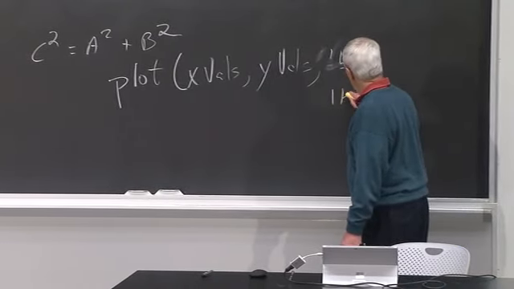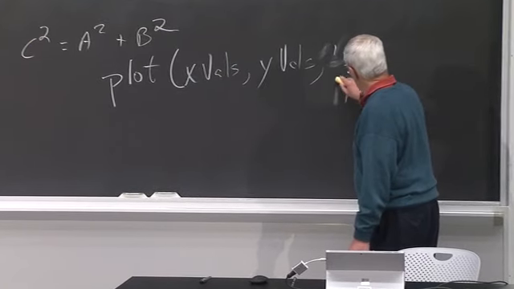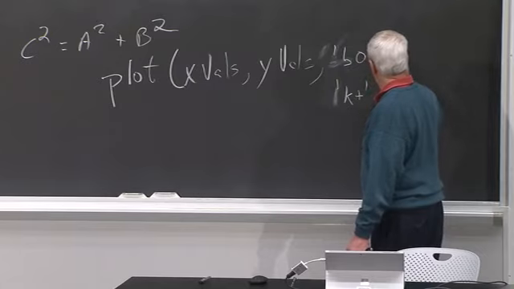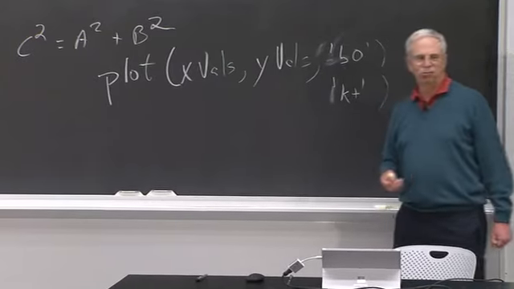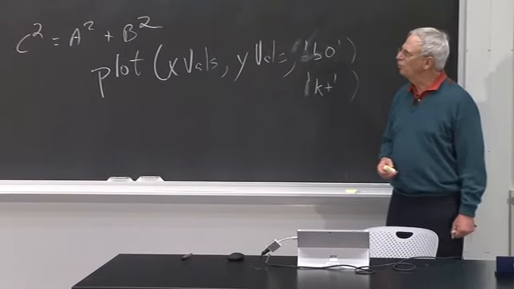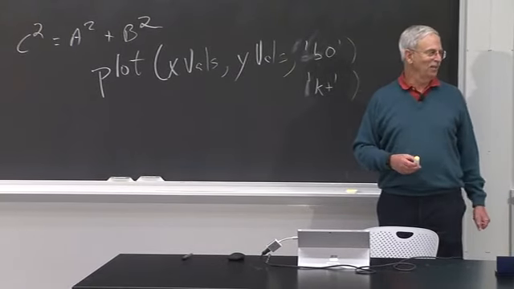I could have written, in fact, I did write K plus, and that says black plus signs. And I don't actually remember what I did to get the triangles, but it's in the code.